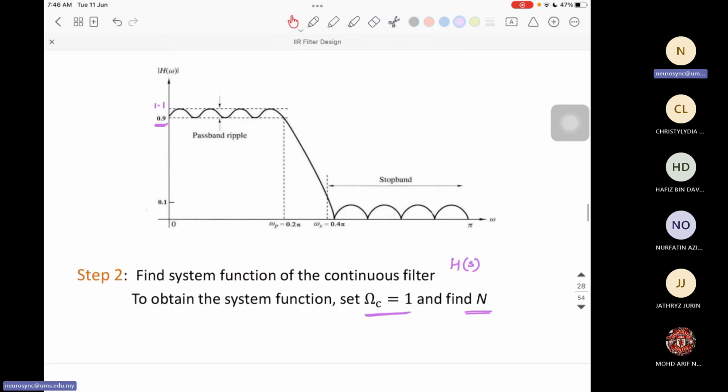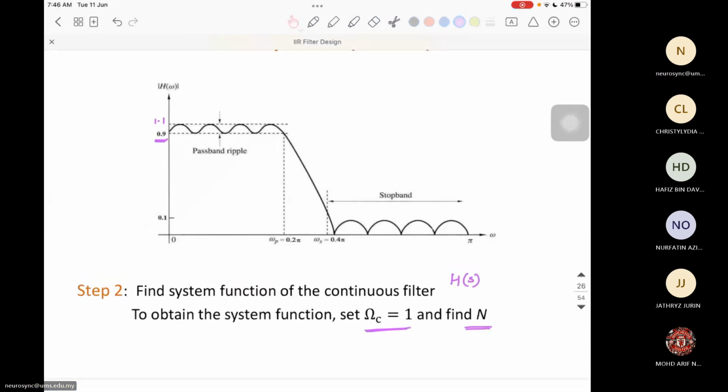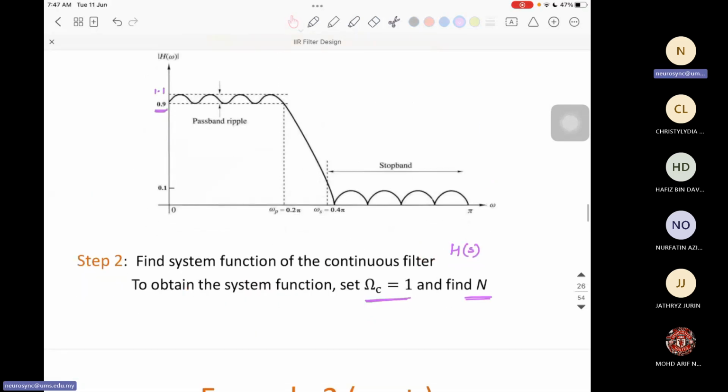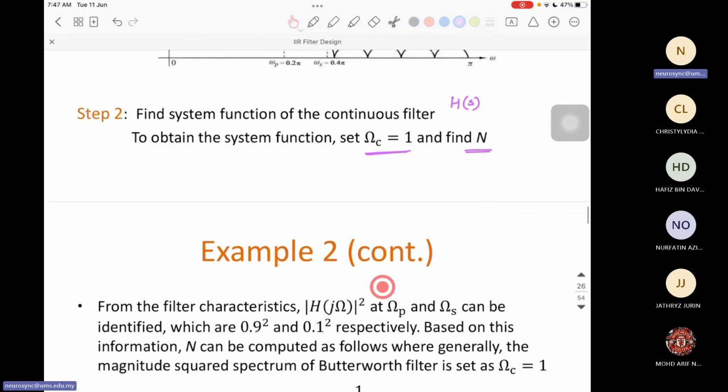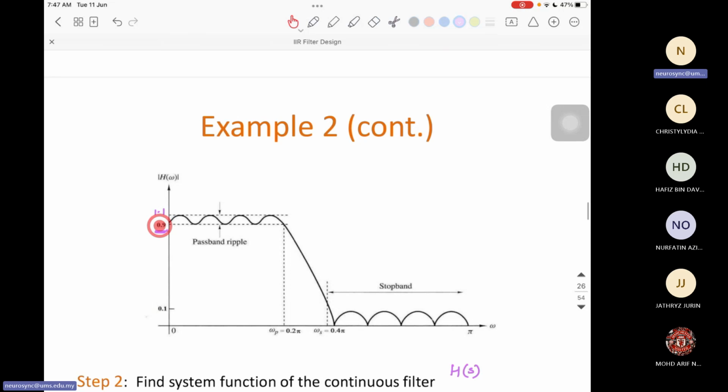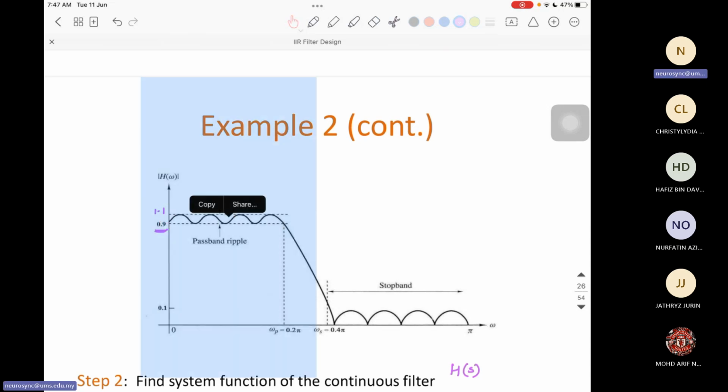This is from the characteristics. The magnitude at omega p is basically this 0.9, and the magnitude at omega s is basically this ripple, that is 0.1.